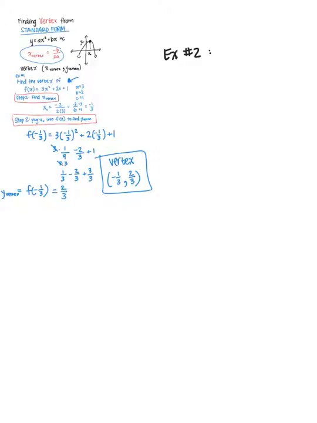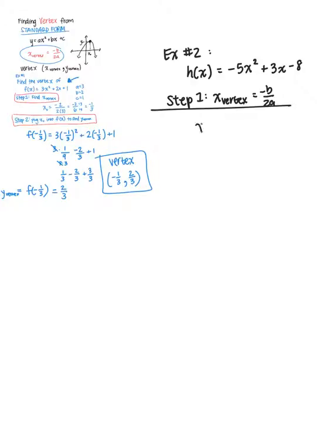Let's say you're asked to find the vertex of h of x equals negative 5x squared plus 3x minus 8. Our first step is to find the x vertex. So we're going to use our handy little equation, negative b over 2a.